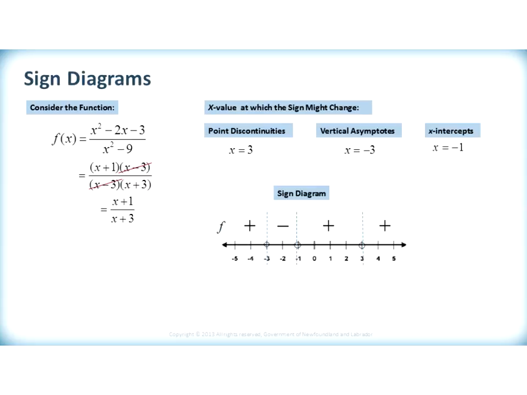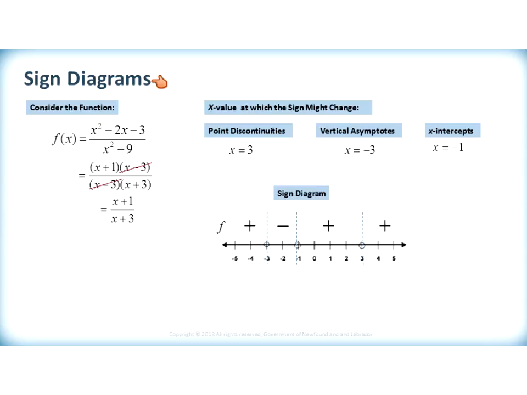Alrighty, so now we're going to look at something called a sign diagram. A sign diagram is basically a way for us to determine whether a certain section of our graph, or all the different sections of our graph, are either above the x-axis or below the x-axis. So what we do, first of all, is we have to identify three important features of the graph, and we take the x-coordinates of those things, we throw them onto a number line, and that helps us get our sign diagram.